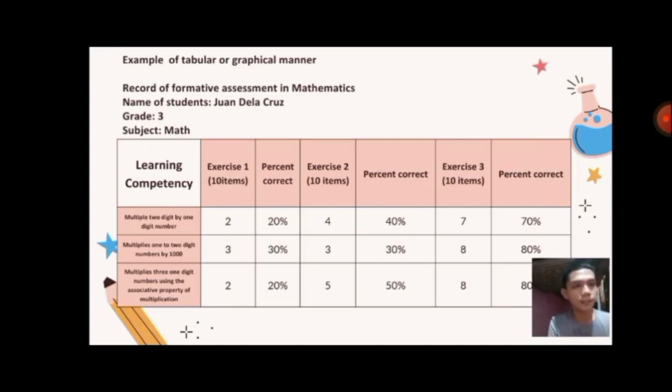On the other exercise, 3, 10 items, he gets 7 correct answers, so the percent of correct is 70%. That's the way of giving a percentage for the student. Another example here: multiplies one two-digit numbers by 1000s, so he gets 3 out of 10 items, and then the percent is 30%. That's the way of giving percents.